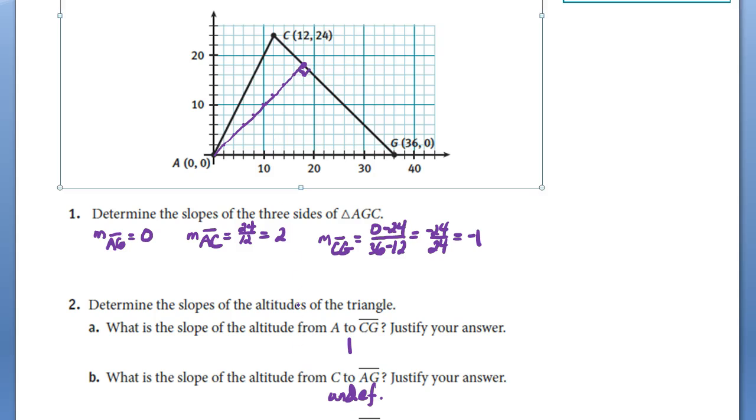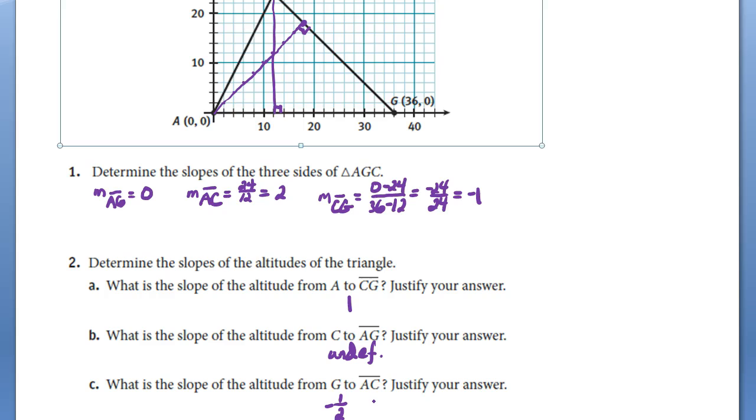Okay, the question B one here, the one that goes from the vertex C to side AG, it has an undefined slope, meaning it's perfectly vertical. So it's just going to drop straight down like this, trying to draw very slow and carefully, touching at a 90-degree angle. And finally, this other one, the one that goes from the corner G to segment AC, we found that it has a slope of -1/2.